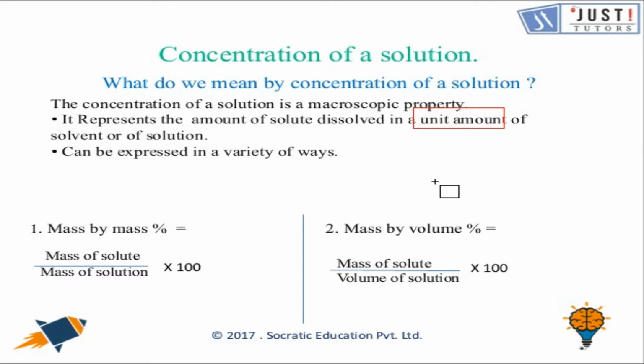It can be represented in many variety of ways. One is mass by mass percent, means mass of solute divided by mass of solution times 100, or mass by volume percent, mass of solute divided by volume of solution times 100.